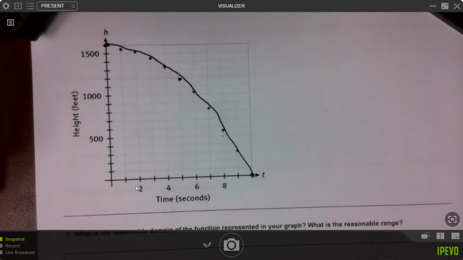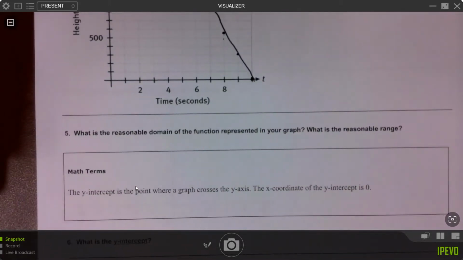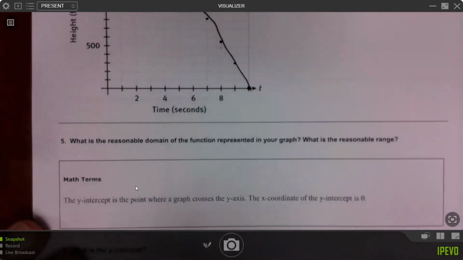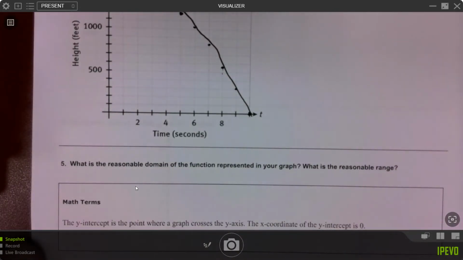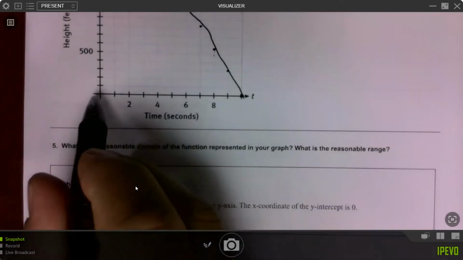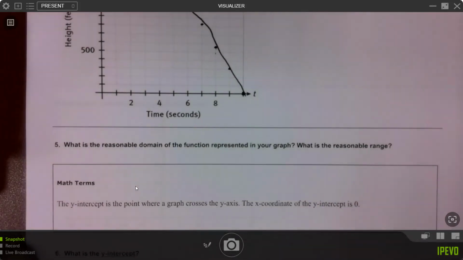Now they're asking for a reasonable domain and range. When I think about the domain, it's only a limited amount of time. This isn't all real numbers, and it's not all whole numbers. It started at 0 seconds and ended at 10 seconds. It doesn't continue traveling through the ground. You know, they always say if you dig a hole, you dig to China, but it's not going to go all the way through there.